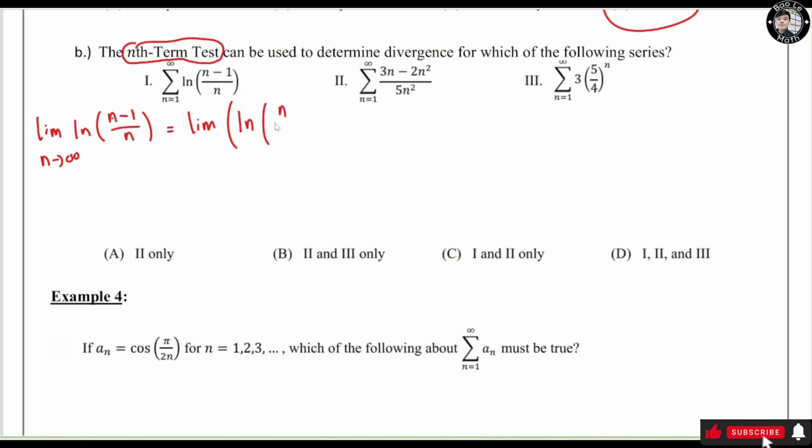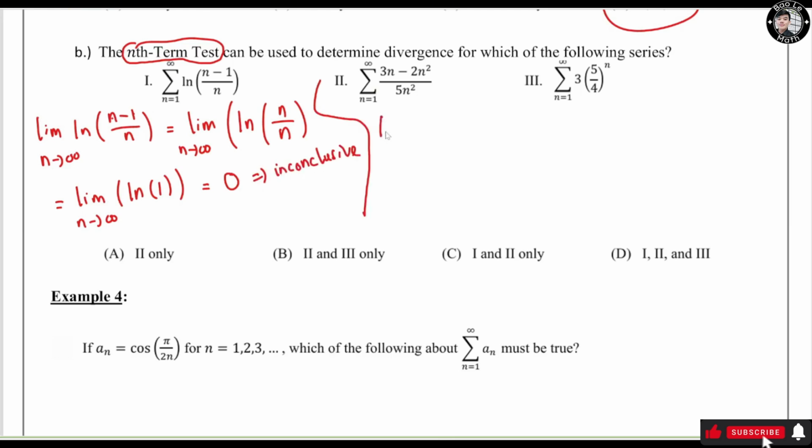So we have the limit of ln of n over n. This could be ln of 1, which equals 0. So it's 0, and this one is inconclusive.